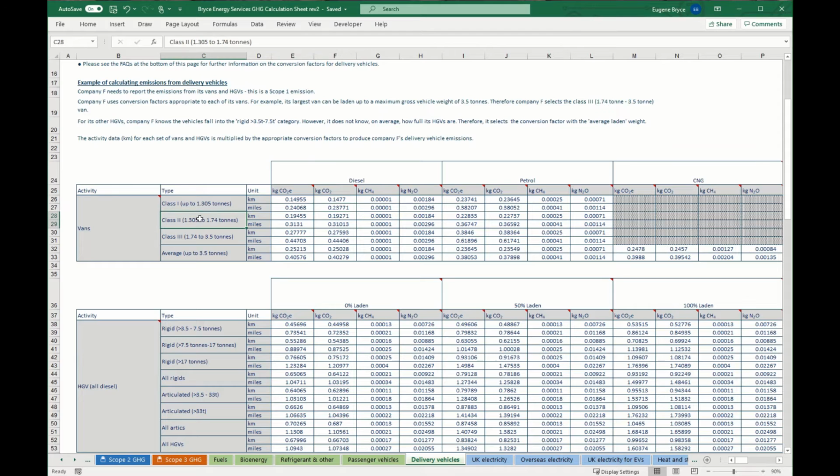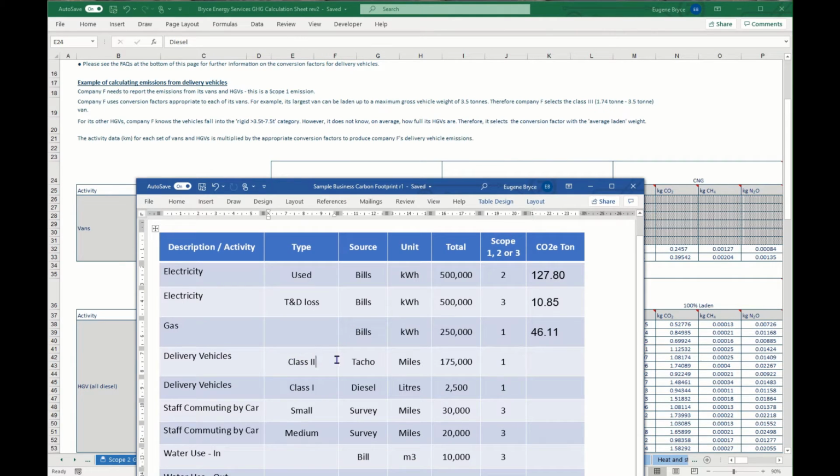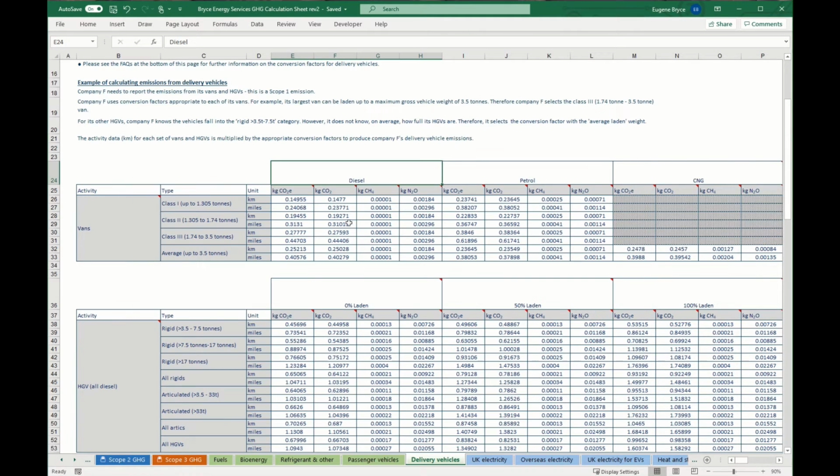We're looking at class 2 miles, this line, if you like, but there's also an option: are they diesel or petrol? So we should identify class 2, and I'll say they're diesel. So class 2 diesel, 175,000 miles.